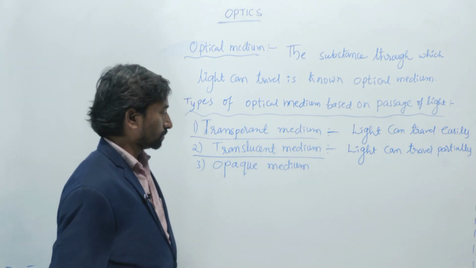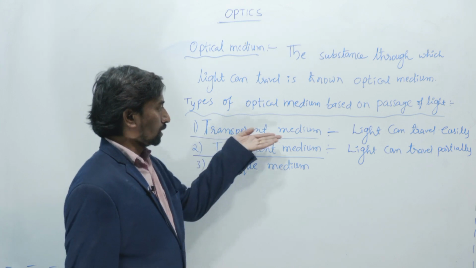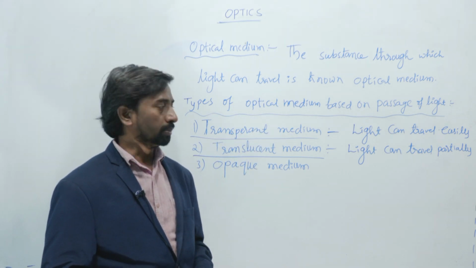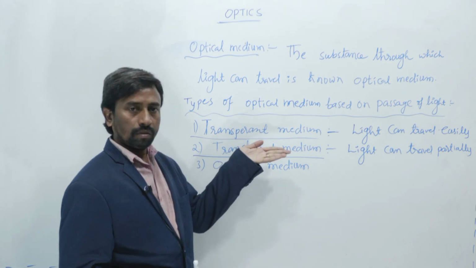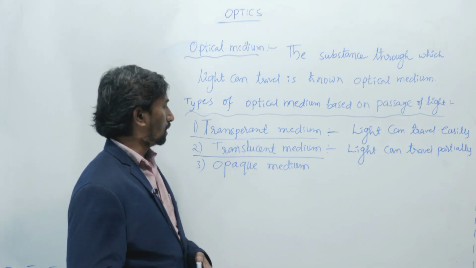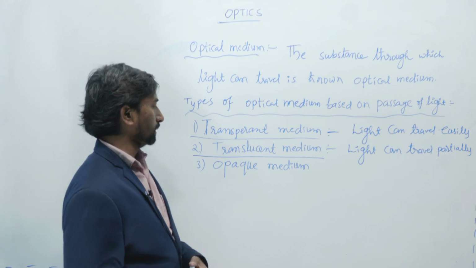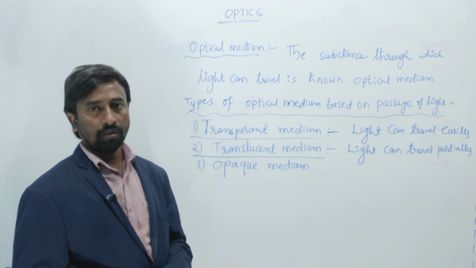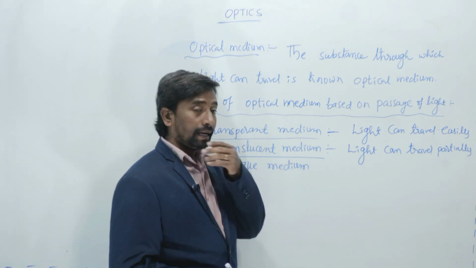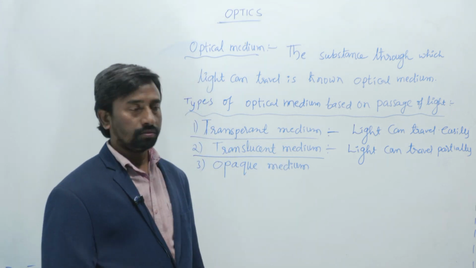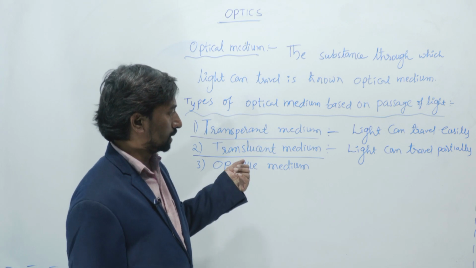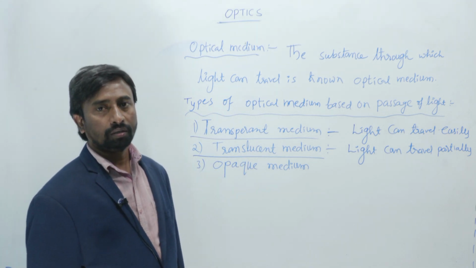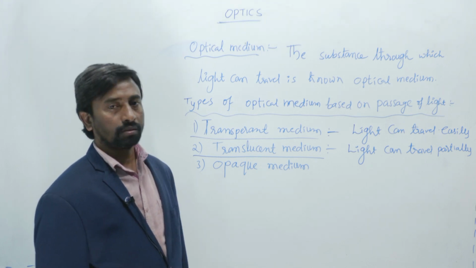Translucent medium. For transparent objects, glass material and water are examples of a transparent medium. For the translucent medium, we can say ground glass, oil papers and butter paper, through which light cannot pass fully.